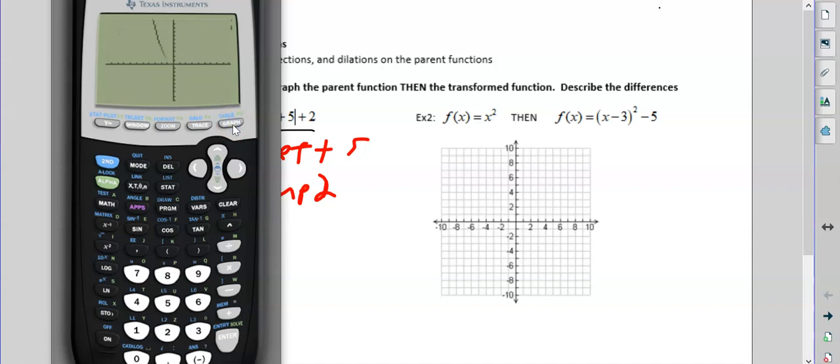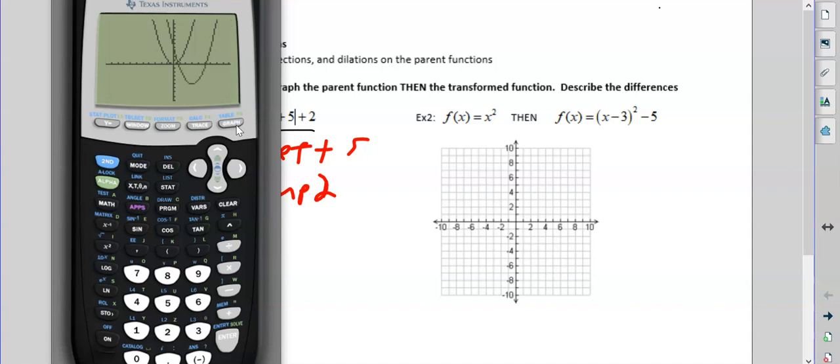So here's my happy parabola. Here's my new one. Something wrong. Oh, I forgot the minus 5. Silly me. Let's try it again. Here's my happy parabola. Here's my new one.